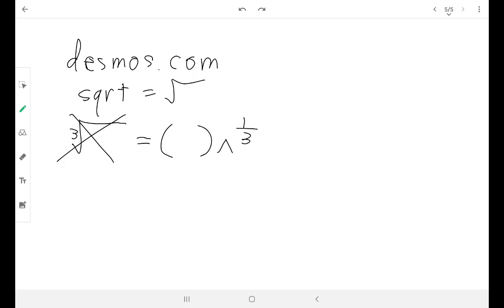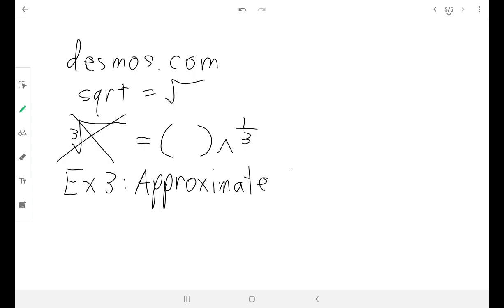So if you were to do, for example, this will be example 3, we're going to approximate the following. The fifth root of 18.2 to 3 decimal places.